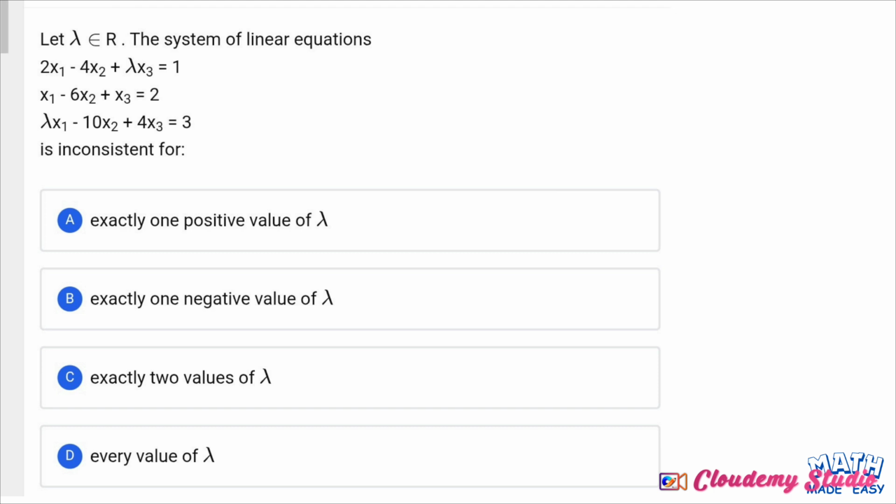Next question is lambda belonging to R and the system of equations is inconsistent. Now we know inconsistent is when your determinant d1, d2 and d3 are all equal to 0.